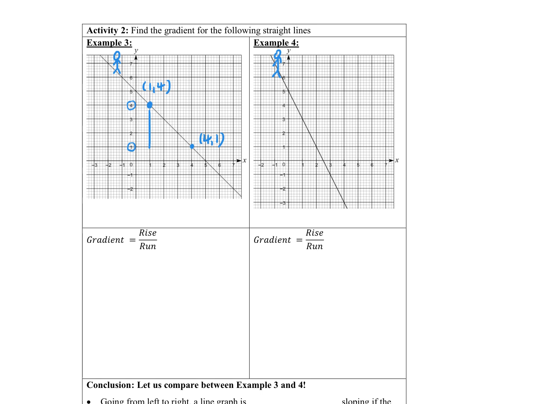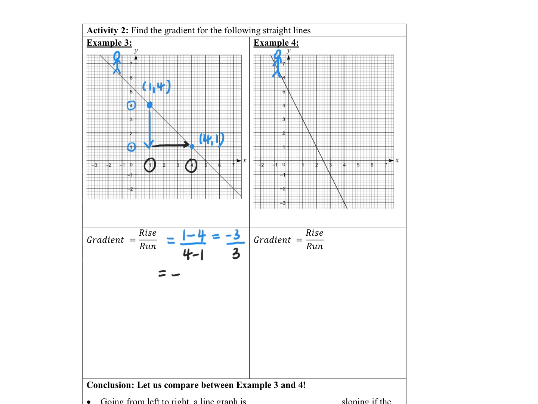Actually, the rise is 3, but negative 3. Can you see that? So instead of 4 minus 1, it is 1 minus 4, which gives you a negative 3. It's a negative rise. It's going down. Usually we go up, now we are going down. Then you run horizontally from 1 to 4, so it's just 4 minus 1, which is 3.